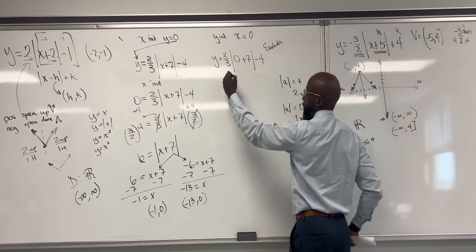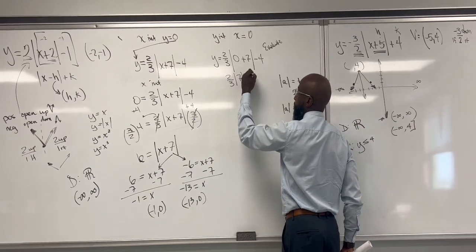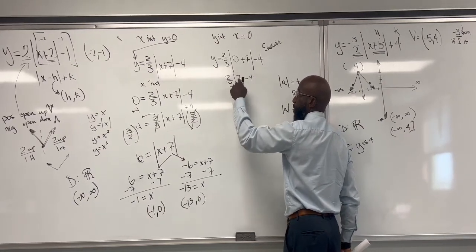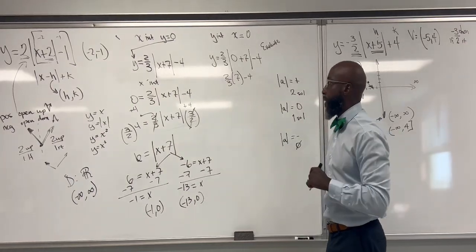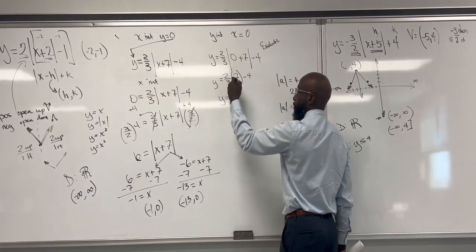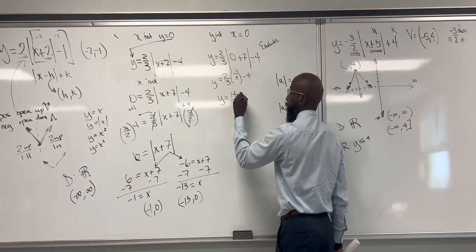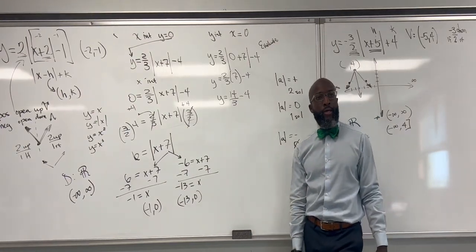So it's going to be 2 over 3 times the absolute value of 7 minus 4. The absolute value of 7 is 7. So we just multiply that, right? So now y will equal 14 over 3 minus 4. Okay? 14 over 3 minus 4.